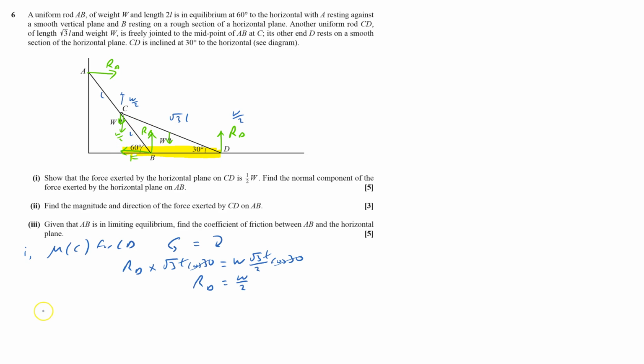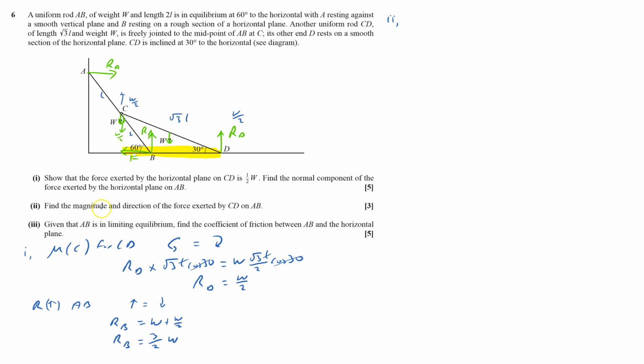And then we can resolve vertically for AB, and we get upwards equals downwards. So RB equals what's going downwards, W plus W over 2. So RB equals 3 over 2 W.